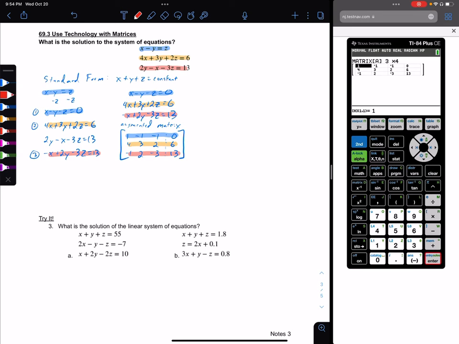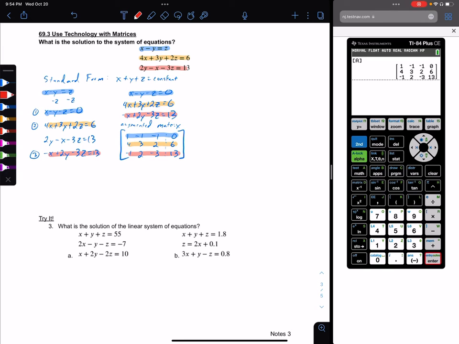In the handheld calculator, since you can't see column 4, you're going to hit second mode, which will quit back to the main screen, then hit second matrix, and then just select option A. So hit enter, you'll get that A there, and hit it again, and you should get the matrix that you're looking for. Just make sure that matches up with the augmented matrix that you have written out. If those match, you're good for the next step.